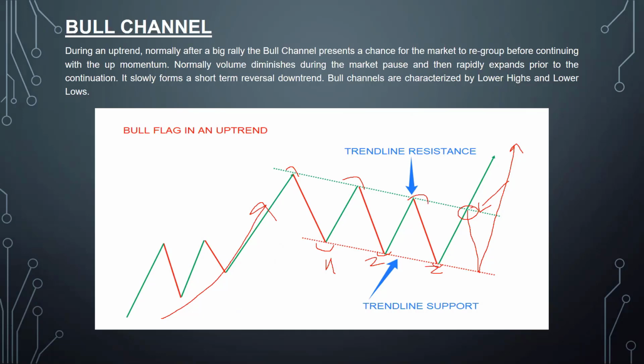Now it might take a while ranging. It depends on the time frame you are monitoring the channel from. Let's say this is a daily time frame. You're going to wait for quite a while.